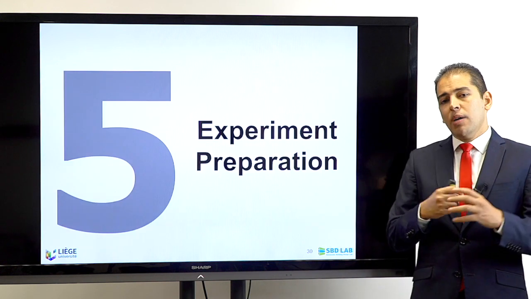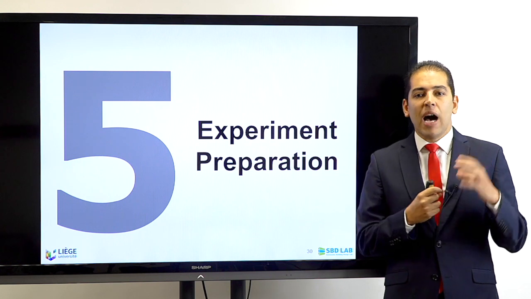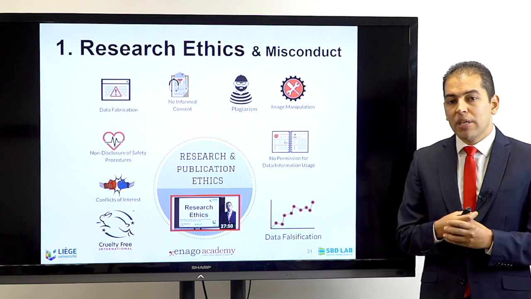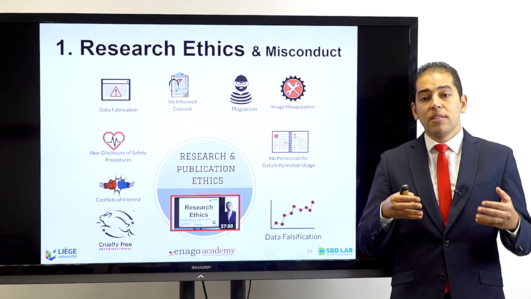Well, now I'm ready. I know about experimental research. I want to learn about how to prepare my experiment. Well, before starting, one of the most important aspects you have to take into account, you have to have training in research, ethics, and misconduct.